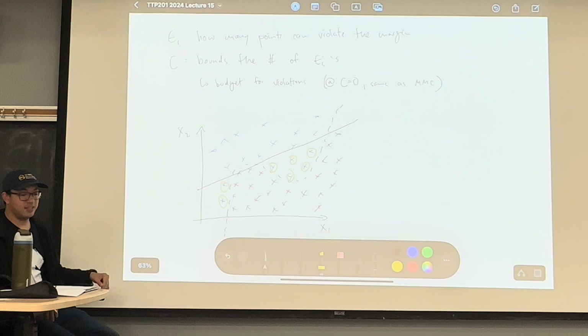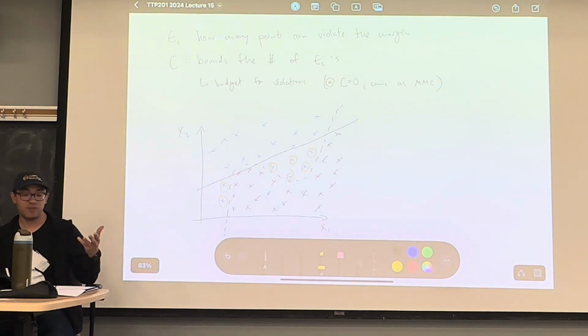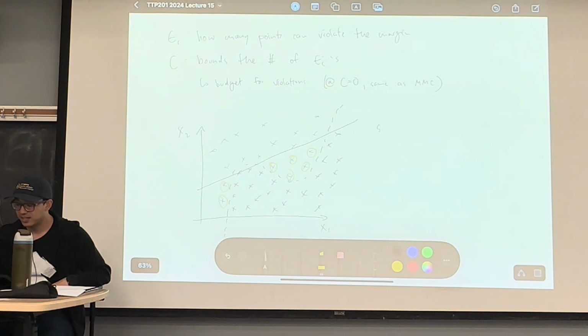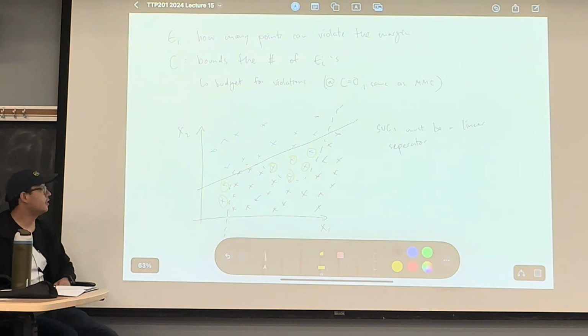So yes, this is fundamentally an issue with the support vector classifier: SVCs must be a linear separator. Yeah, that's exactly right. That is one of your inherent drawbacks of your SVC, right?